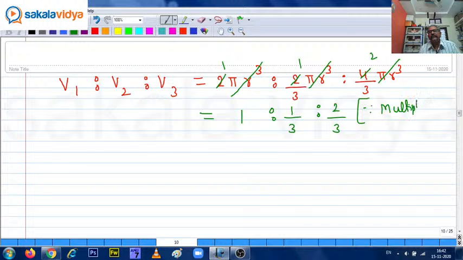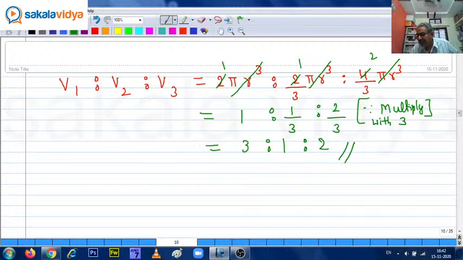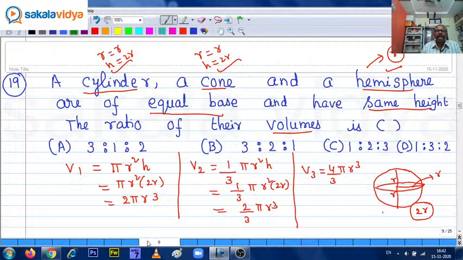Because it's a fraction, you need to make it an integer, so multiply with 3. We get 3 is to 1 is to 2 as the answer. A is the right option. Yes, option A.